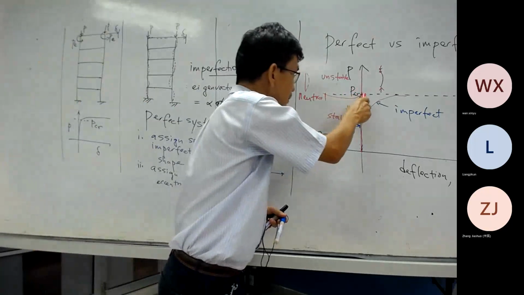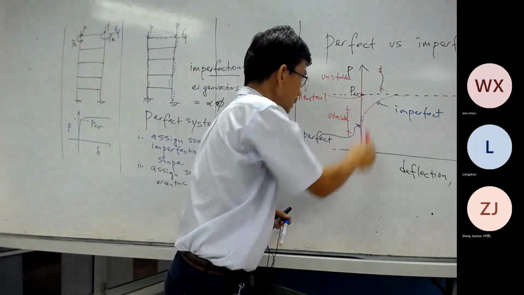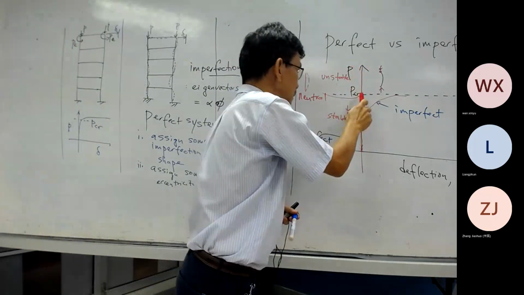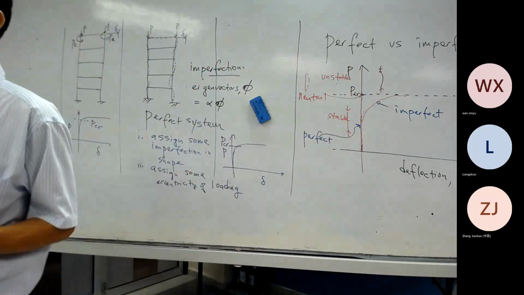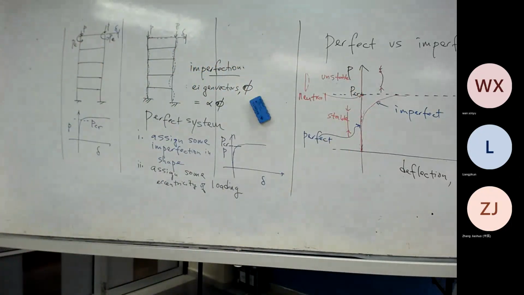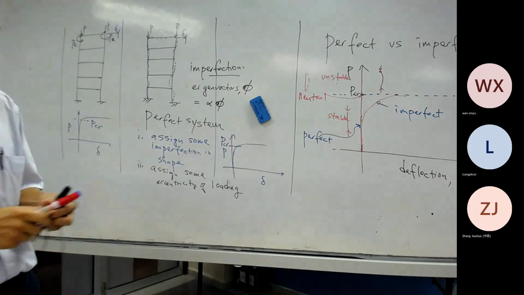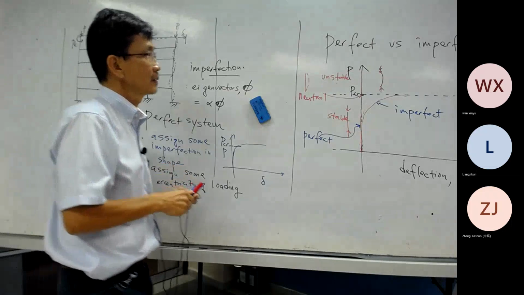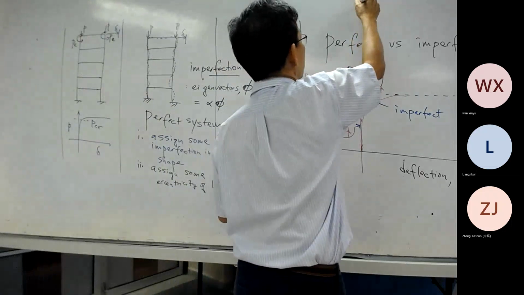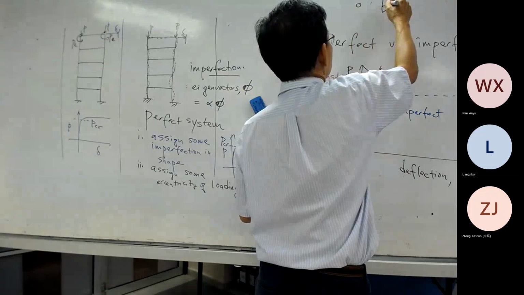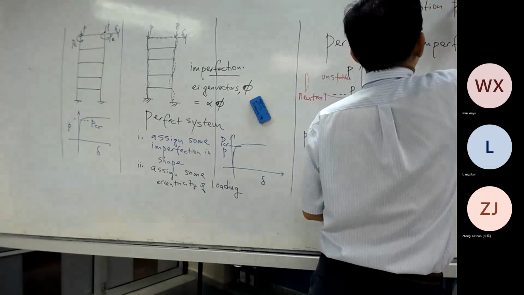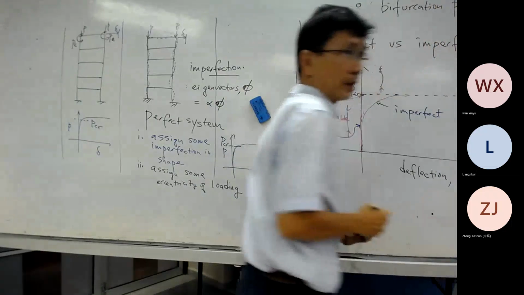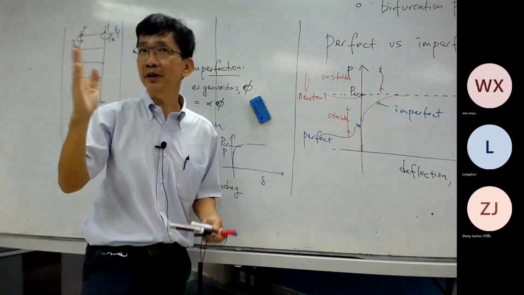This particular point here, exactly on this vertical axis, exactly when P is equal to P critical, there's a name for that. This point here, we call it bifurcation point.